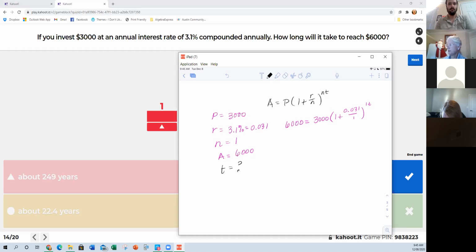So here, the first thing you'd want to do is divide both sides by 3,000. That would give me 2 is equal to 1.031 to the power of t. And then we could take log base 2 of both sides.